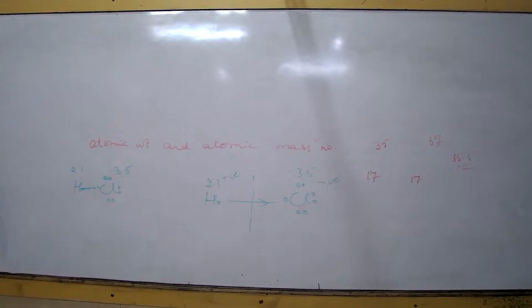Now, in the case of covalent bonds, how many bonds can carbon form with another carbon atom? How many bonds can there be between two carbon atoms?